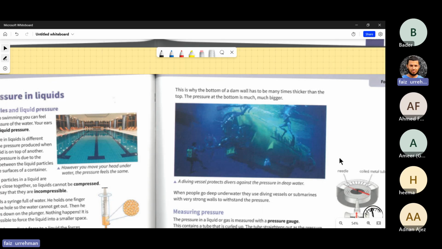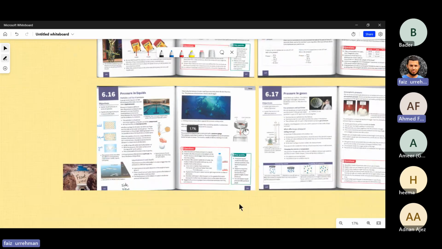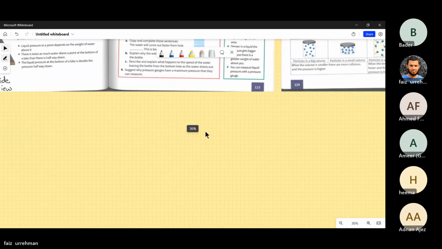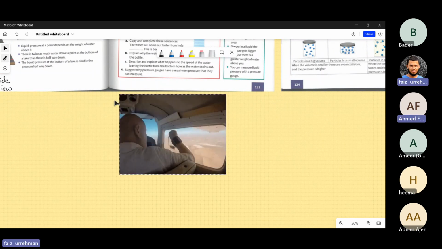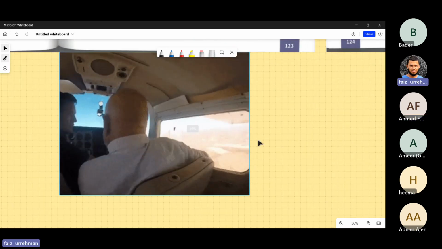I'll show you something funny now. This guy thinks that he will take his mobile out and take a photo. But as soon as he opens the window, look, the mobile goes away.